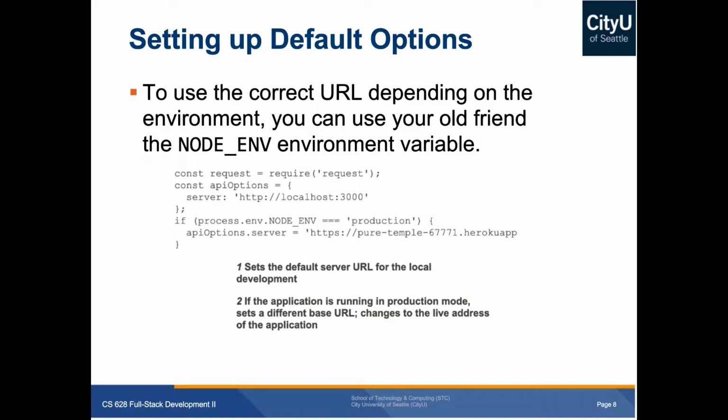But if we see NODE_ENV with a string value of production, then we reassign the value of the server to the live URL, meaning the Heroku URL or wherever you hosted it.